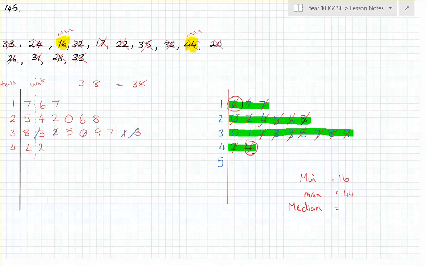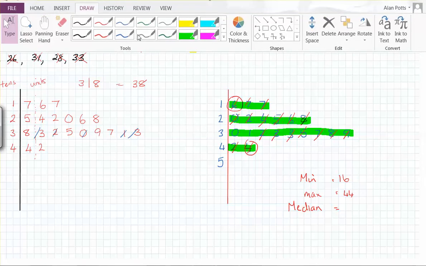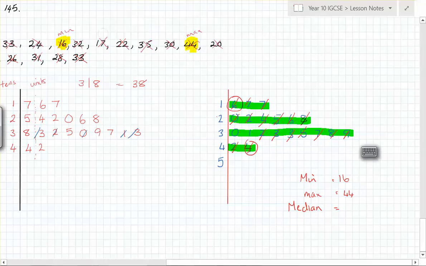Is we find the middle of those two numbers. So what we've got here is two numbers. Just to check, we've got 1, 2, 3, 4, 5, 6, 7, 8, 9, 10, and then 1, 2, 3, 4, 5, 6, 7, 8, 9, 10.